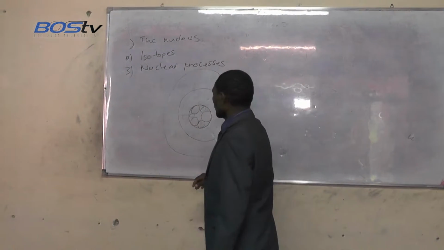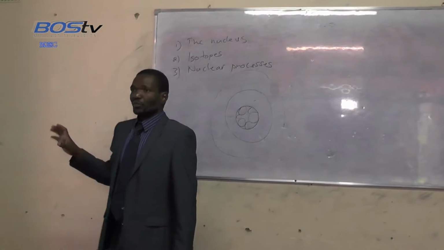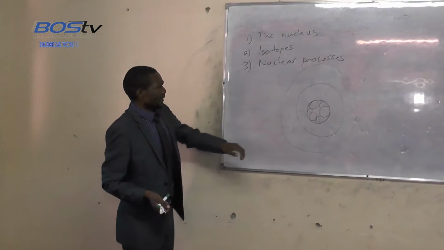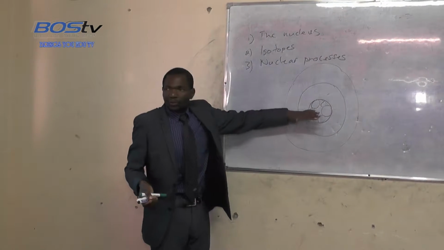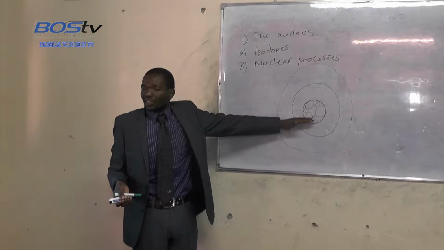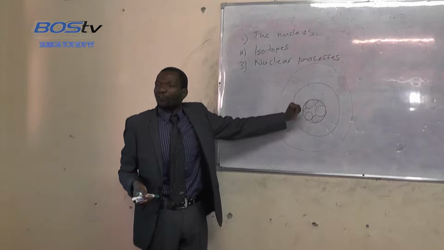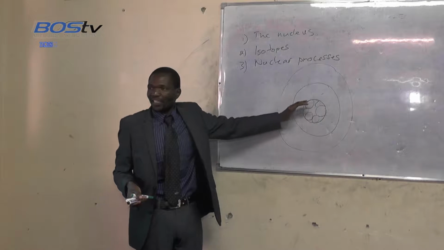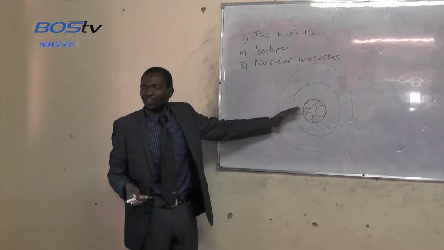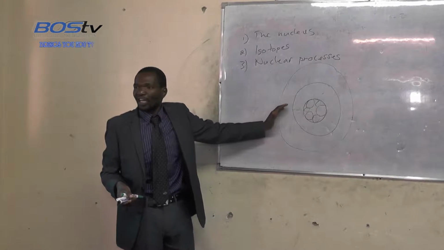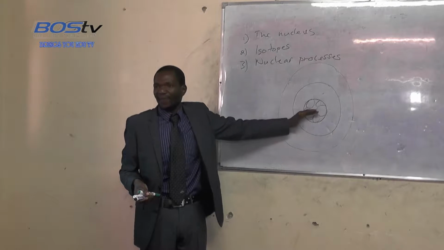Thank you very much. We know that for an atom to belong to a certain element, we look at the proton number or total number of protons. That's what defines an atom, or what places an atom under a certain element.